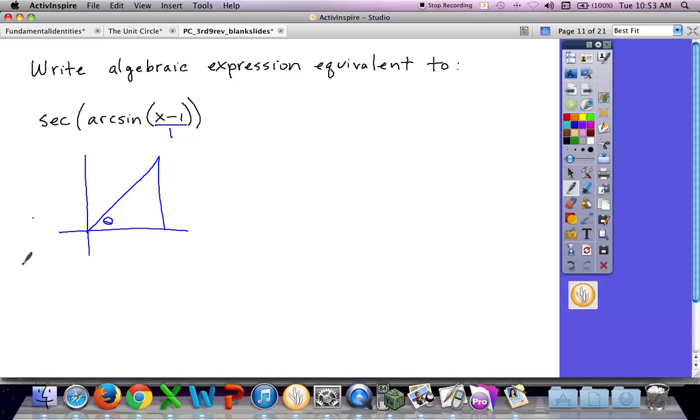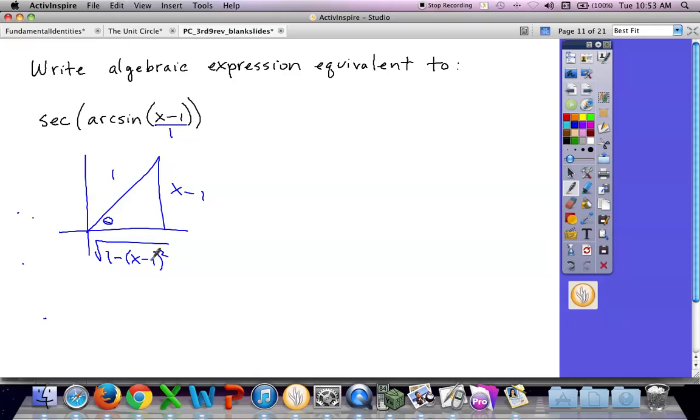Sine is opposite over hypotenuse. X minus 1 over 1. Right? How do you find the third side? Pythagorean theorem, right? So it would be the square root of 1 minus x minus 1 squared. No, it's not.